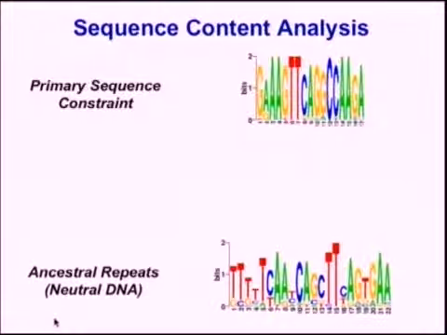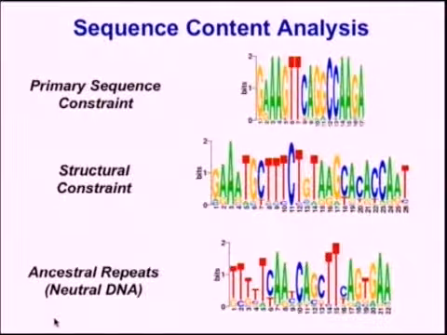So just to give you an idea from a DNA logo perspective, if you look at a DNA logo of a region that's under primary sequence constraint, it looks like this. You have very strong signal, lots of information in every base. If you look at a piece of DNA that we think is under neutral evolution, the bits of DNA have less information in them.